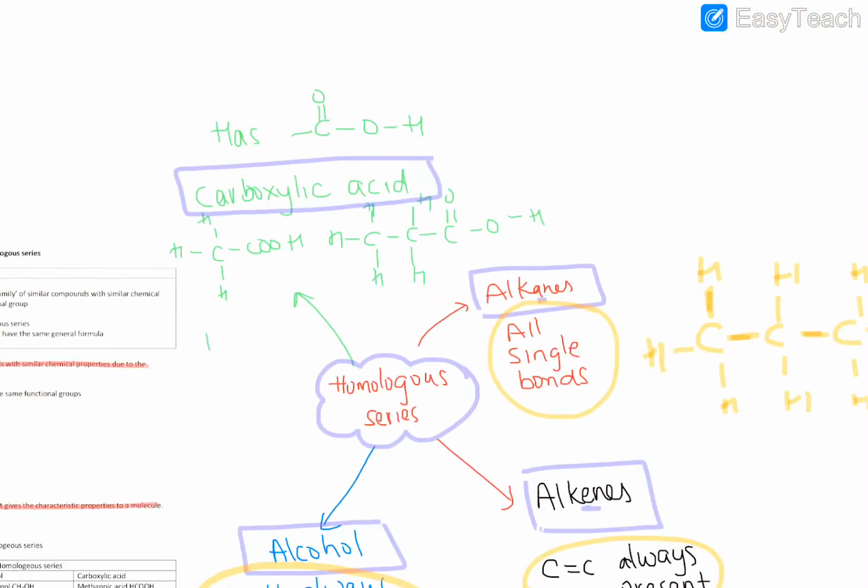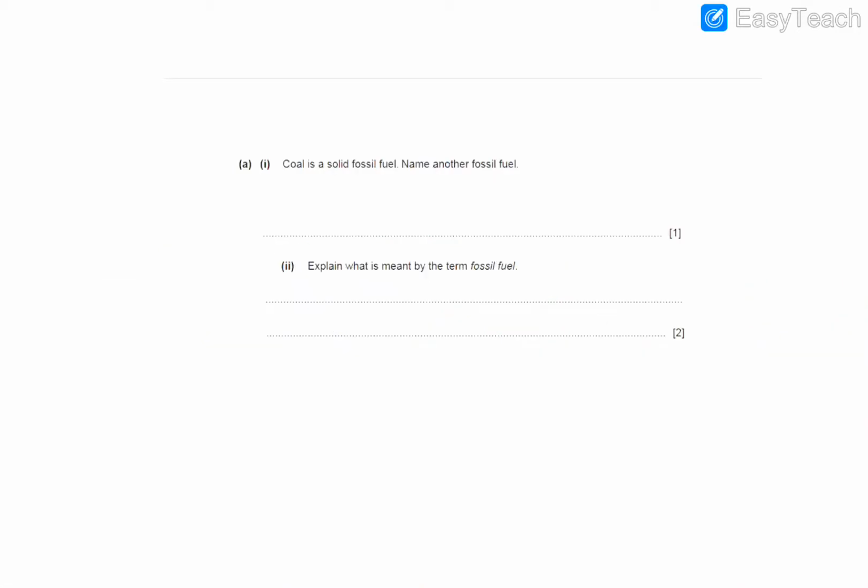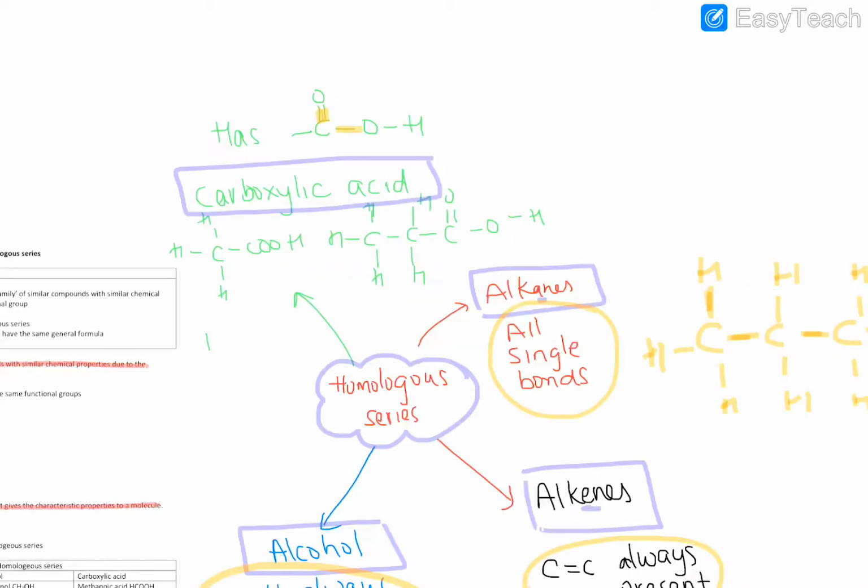Carboxylic acid is another family, and in carboxylic acid there is C double bond O, then OH. So here, this is a carboxylic acid with COOH. This is a carboxylic acid with COOH. I've shown all the bonds in this one.